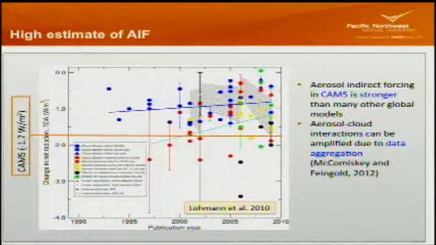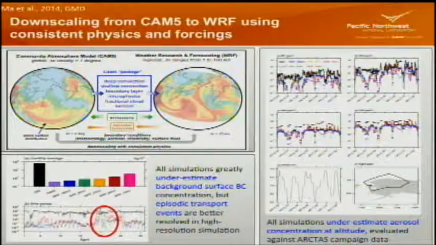So if we want to know whether these biases can be reduced with increasing resolution, running a high resolution global model is very, very expensive. So at first we want to do a test bed.